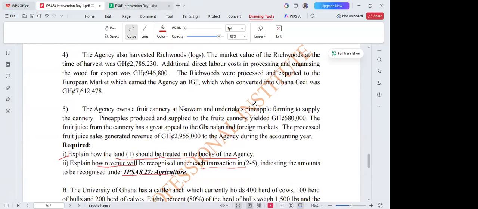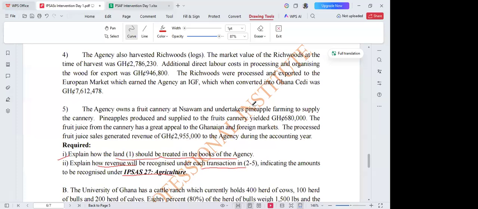The agency also harvested rich woods logs, rich woods into bracket logs. The market value of the rich wood at the time of harvest was 2,786,230. Additionally, direct labor costs in processing and organizing the wood for extract was 946,800.